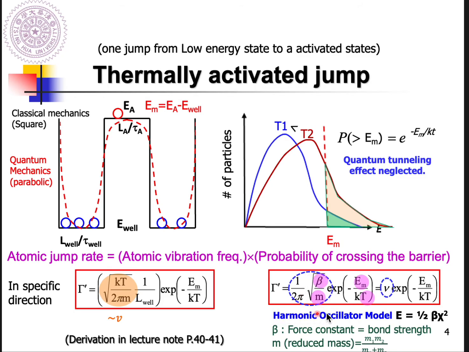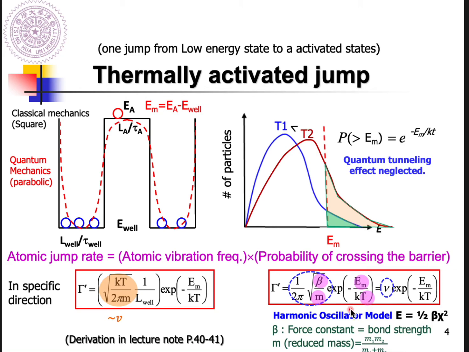This result tells us that, based on quantum mechanics, the atomic jump rate in a specific direction, gamma prime, is highly associated with bond strength, reduced mass of both atoms, energy barrier, and also the working or environment temperature.